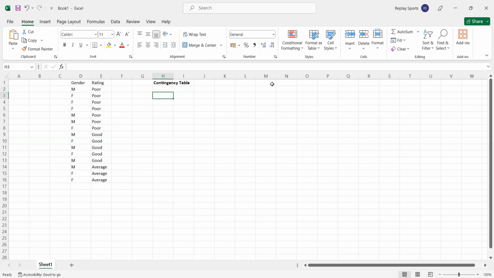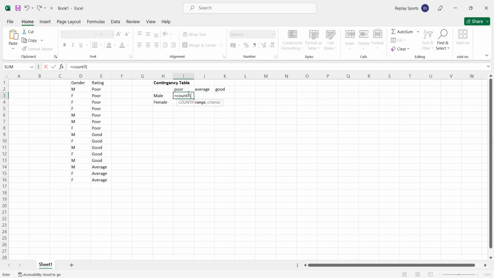So in a contingency table, you put, let's say, male on one axis and female on another axis. I can put anyone. You can put rating here or gender here, and put the other in a row. So poor, average, and good. How many values are poor if it is male? So we use COUNTIFS in Excel.